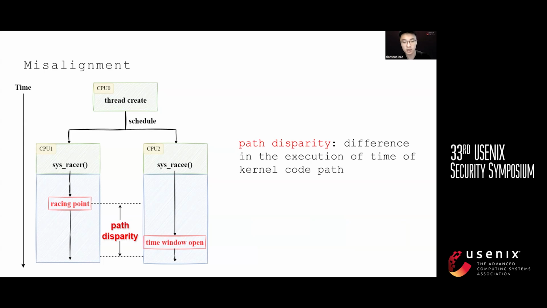For example, as shown in this diagram, the racing point might be at the start of the send path, while the time window is in the very late stage of the receive path. And this time difference can cause the racing point to fall outside of the time window. We name this the path disparity.